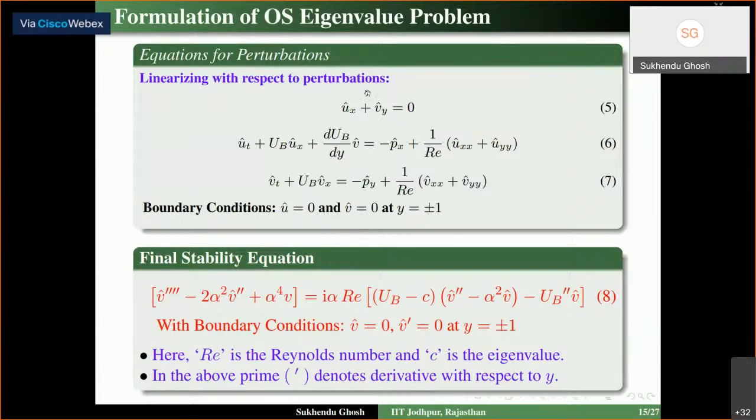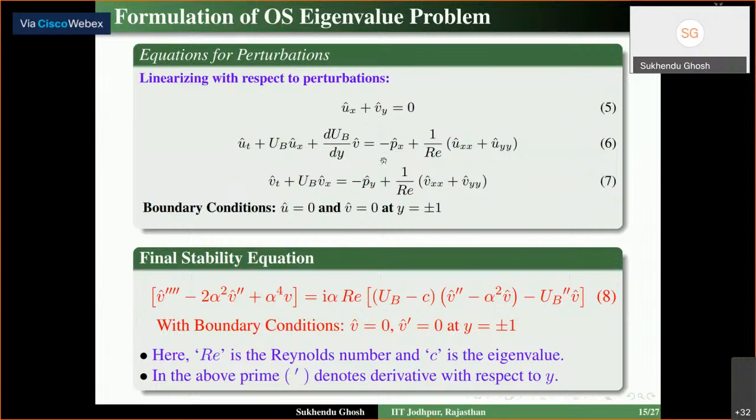If we use that normal mode solution here and do the algebra, differentiate equation 6 with respect to y, and differentiate equation 7 with respect to x, then add those two equations and use the trial solution, what will happen? We can decrease one variable: the pressure term will go if we take the gradient in these terms and add.